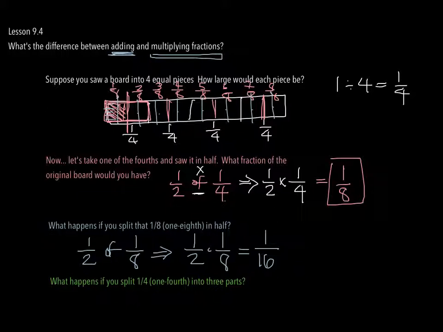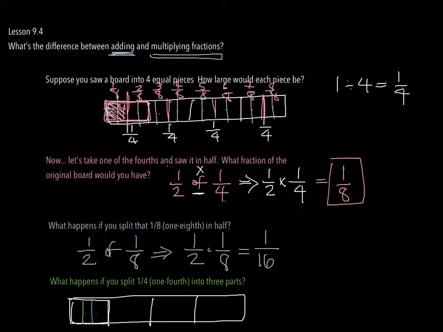Our next problem is a continuation of the first problem, but instead of taking our 1/4 and dividing it into half, I've got my half, quarter, quarter. Now I'm going to take my 1/4, which is right here, and instead of cutting it into half like we did, we're going to cut it into 3 parts.